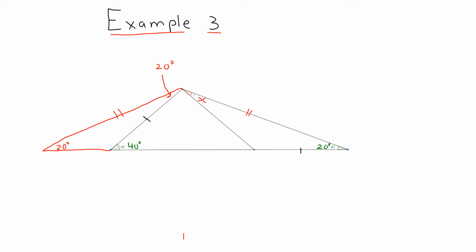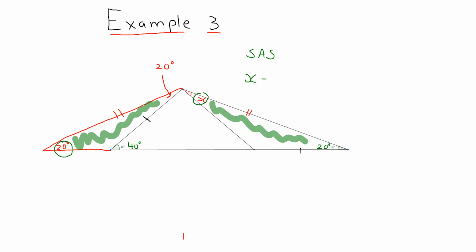So these of course are congruent by our SAS test. And let's just shade in our congruent triangles there. And since these are congruent, we know that this 20 here must match this x here. So x equals to 20 degrees, and in fact this triangle was isosceles all along, and so is this one.